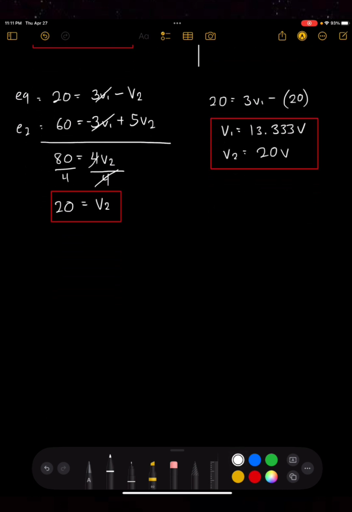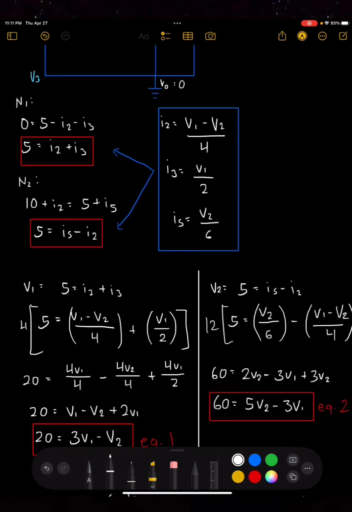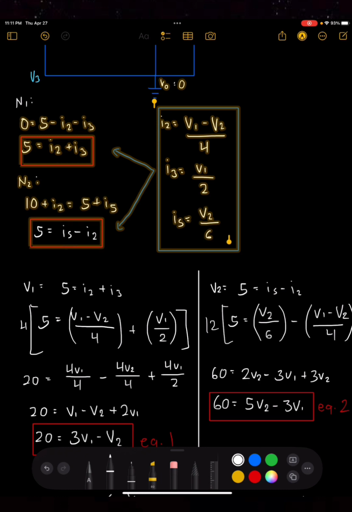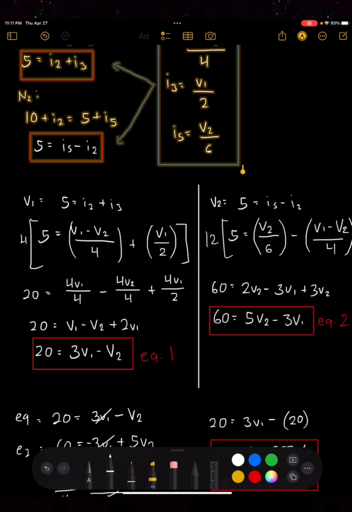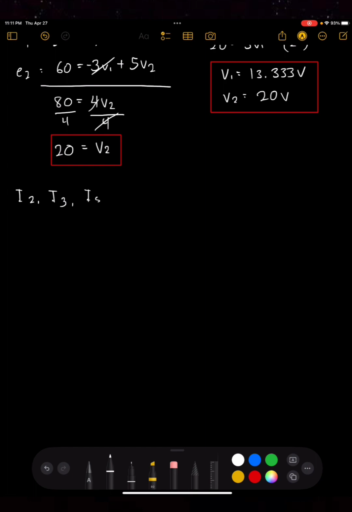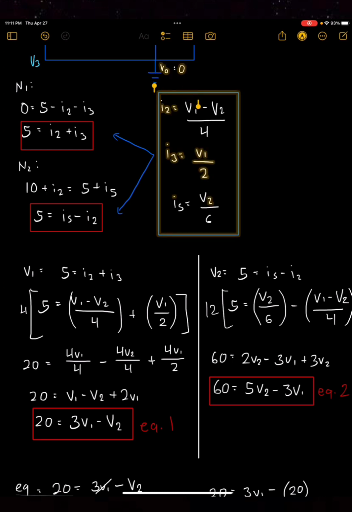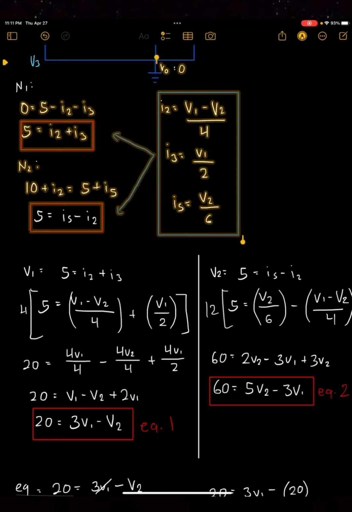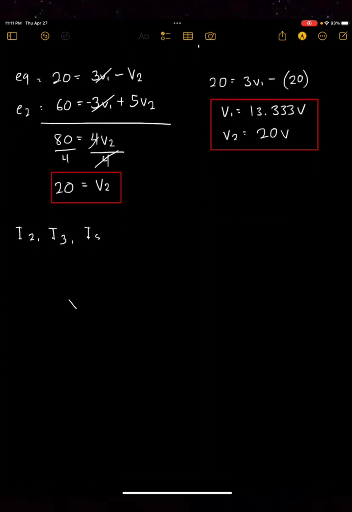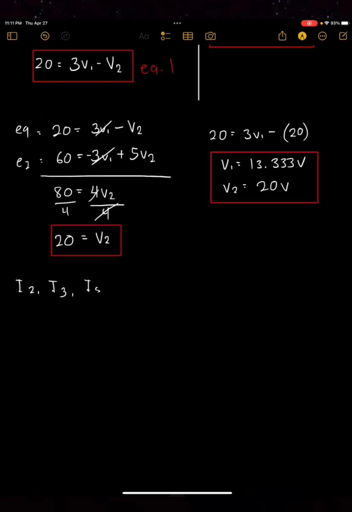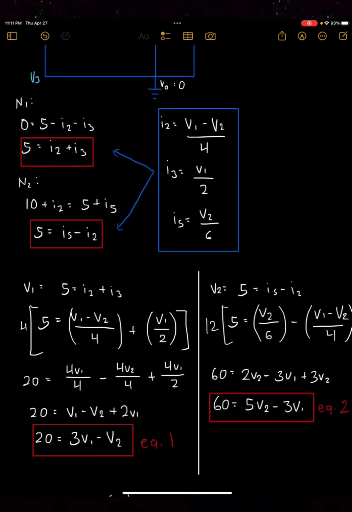Ngayon, ang hinahanap sa question ay ang I2, I3, at I5. So, using this equation, pwede na natin makuha yung I2, I3, at I5.